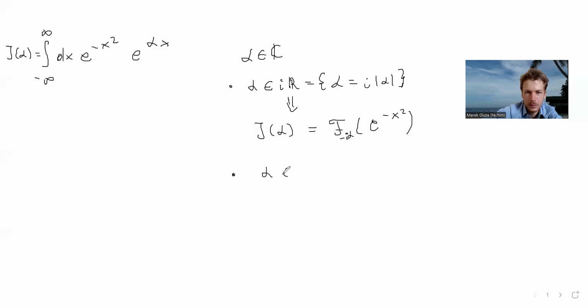If alpha is real, then we have a shifted integral, and this we could view, for example, as a convolution. Then I of alpha is an appropriate convolution. Let me write it like this: Gaussian convolution with some sigma of the function e to alpha x. So what's going on?